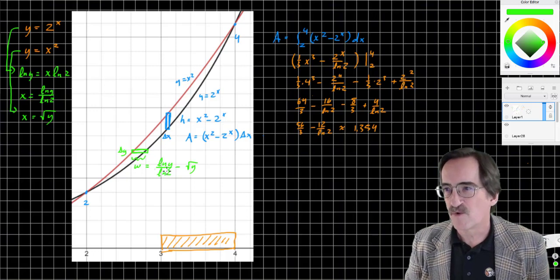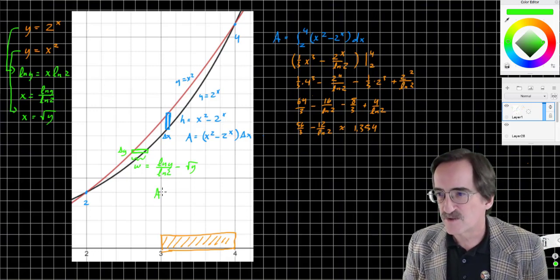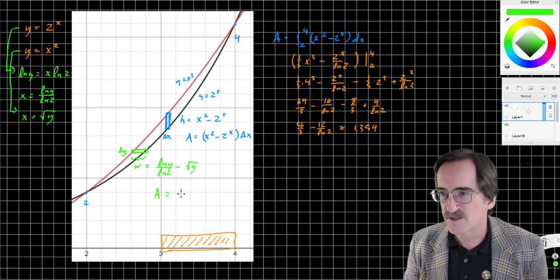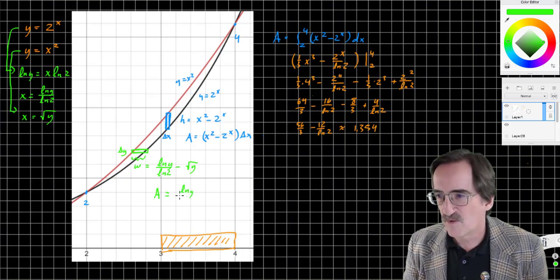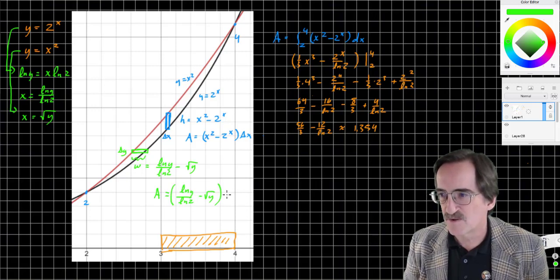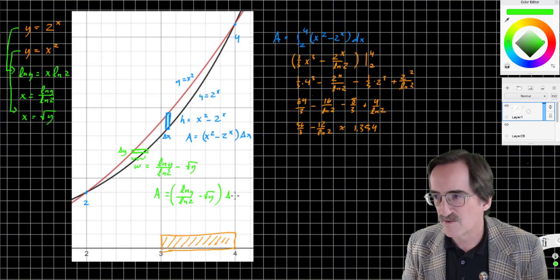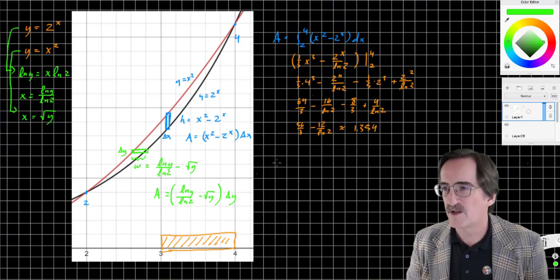So there's my width. So the area of the rectangle is length times width, ln y over ln 2 minus root y, times the height of my rectangle, delta y.